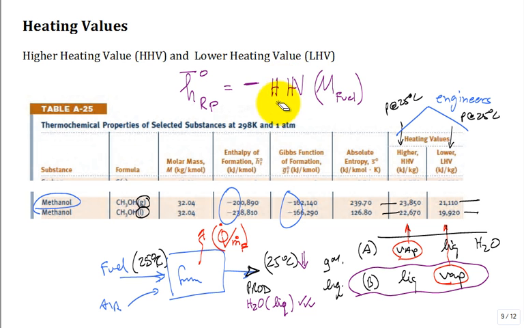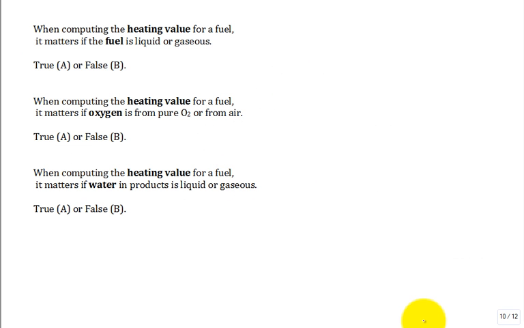Or if you say, no, I want the lower heating value, then the water in the products goes out as vapor. Great, there you go. When computing the heating value of the fuel, it matters if the fuel is liquid or gaseous. Might as well just boost up our clicker scores today.